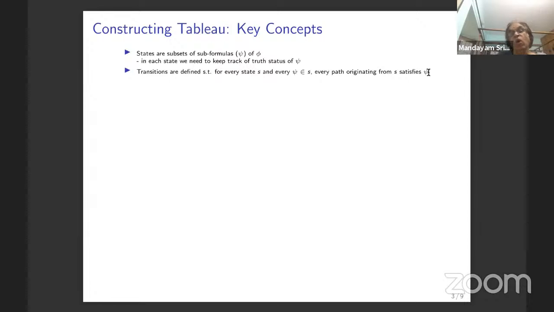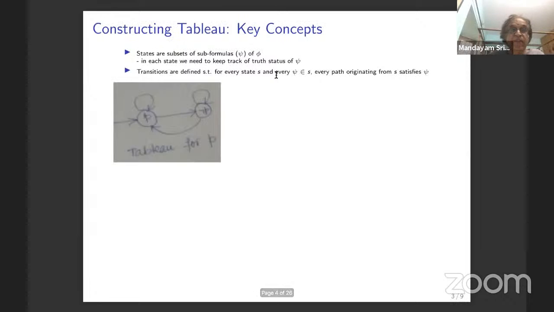That's how you define the transition system. You see now the parallel between this and how the LTL semantics is defined. So we will define this construct, the tableau, in this fashion.